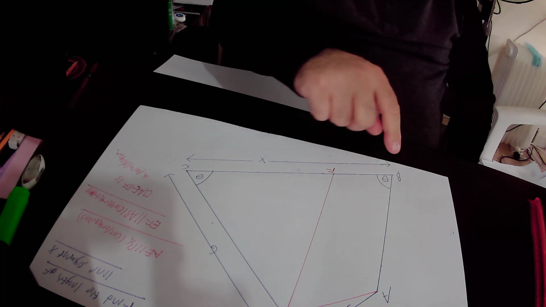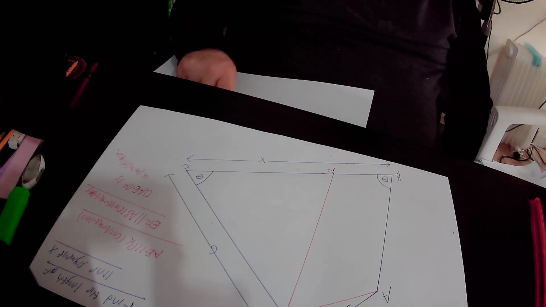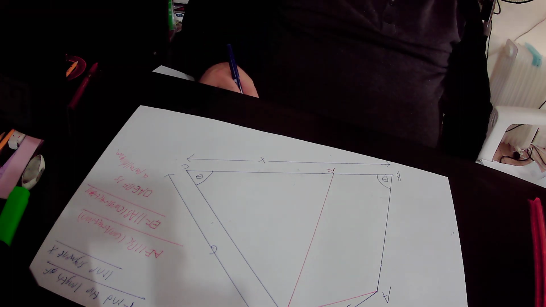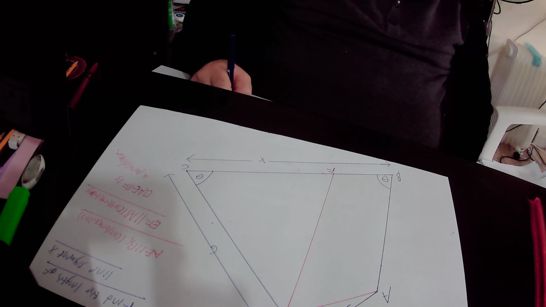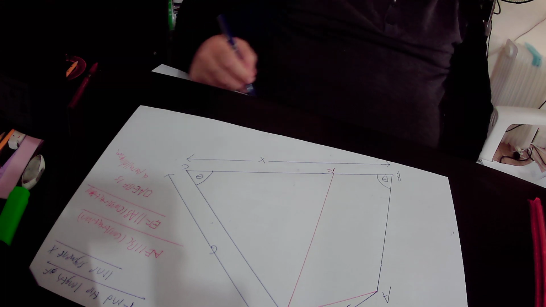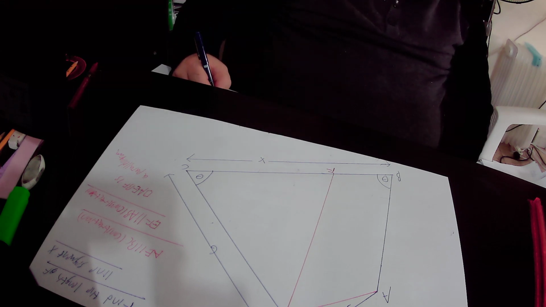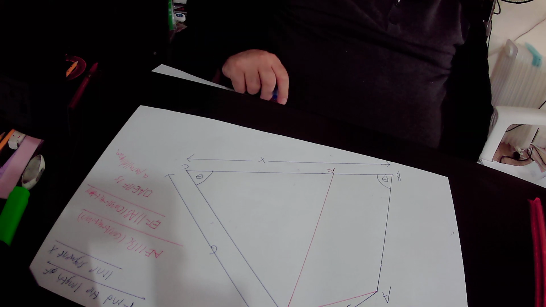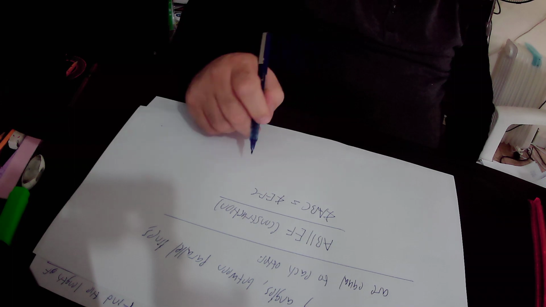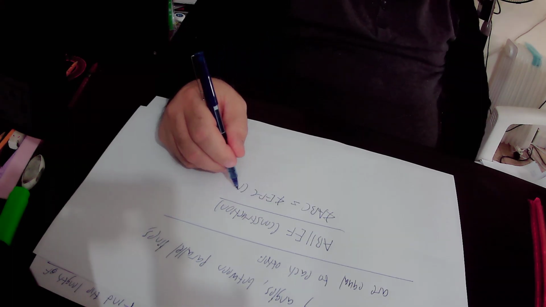So here, angle ABC is equal to angle EFC. I repeat again, angle ABC equals angle EFC according to rule number 3.